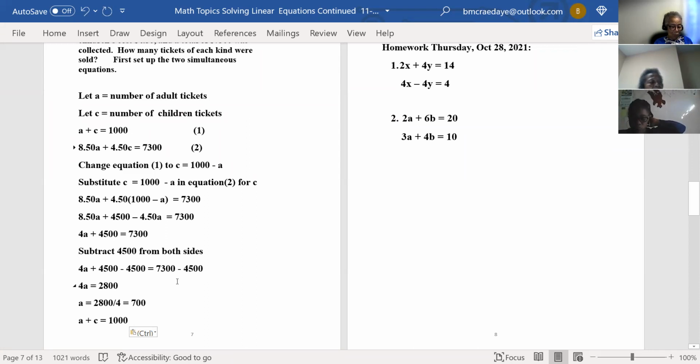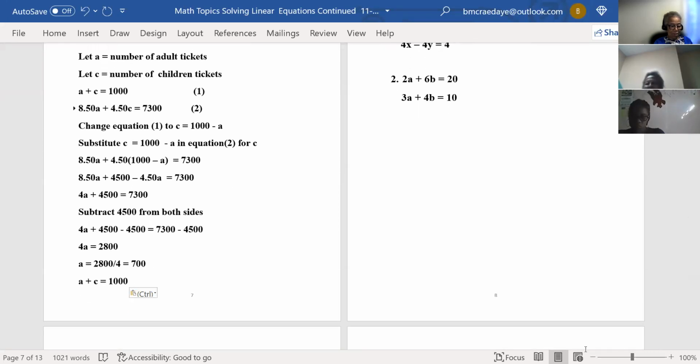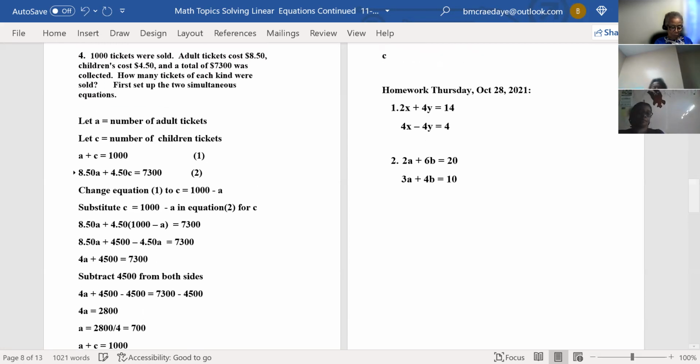So that means if you put the 700 here, C is 1,000 minus 700. How could you check it, Maureen? Okay. I got a clue this time. Minus 700 equal 300.